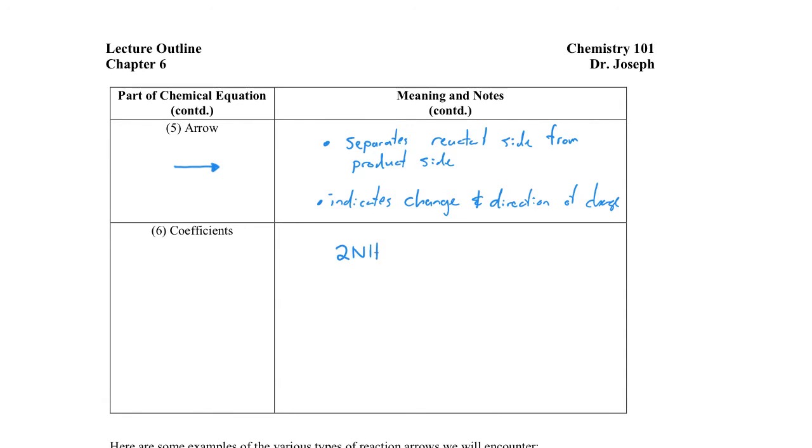And now we get to something that I think is not nearly as well understood for chemical reactions. And that would be called the coefficients. Coefficients are numerical values that appear beside each of the reactants and/or products that we have in a chemical equation.